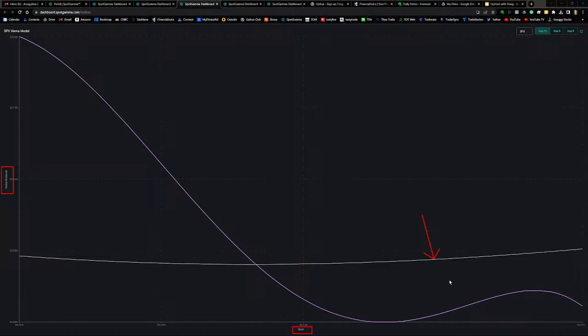And then on the other hand, this pink curve is showing how market makers' delta notional changes with changes in price and changes in implied volatility. And that change in implied volatility is the Vanna effect, the change in delta with a change in implied volatility. So again, the pink curve is showing how market makers' delta notional changes with changes in price and implied volatility.